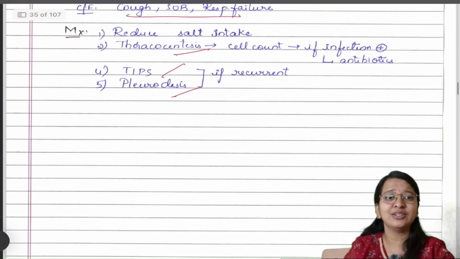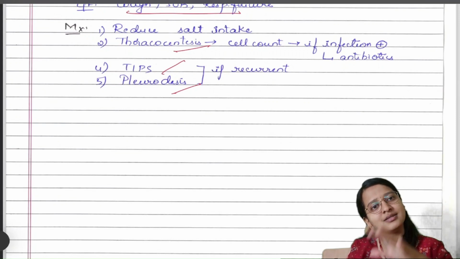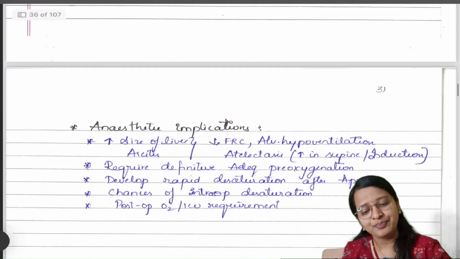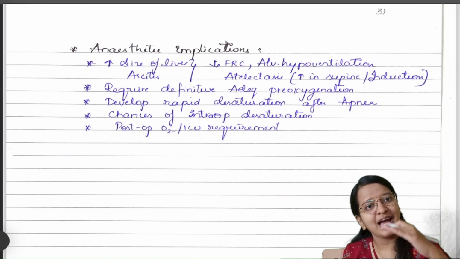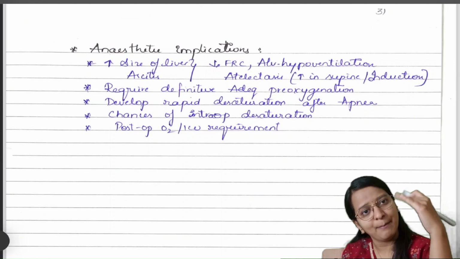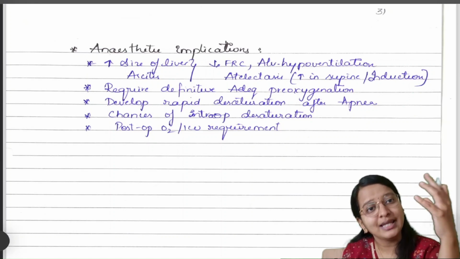So what are your anesthetic implications in a liver patient concerning your respiratory system? There is increased size of the liver. There is more ascites. The diaphragm is being pushed towards the upper side. So there will be decreased FRC, there will be atelectasis.